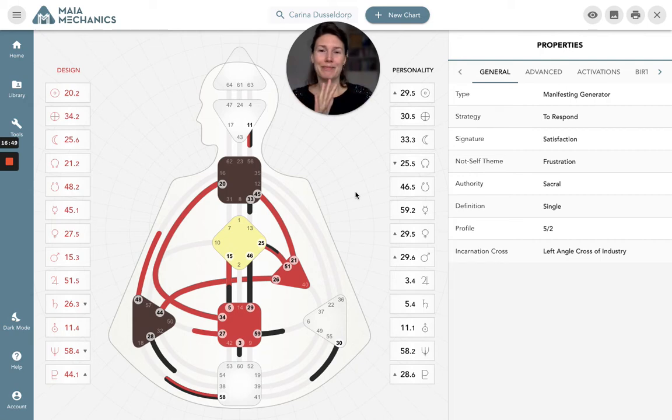So there's always, in every chart, parts, whether it's centers or channels or gates, that are just not you on a consistent level, in a consistent way.